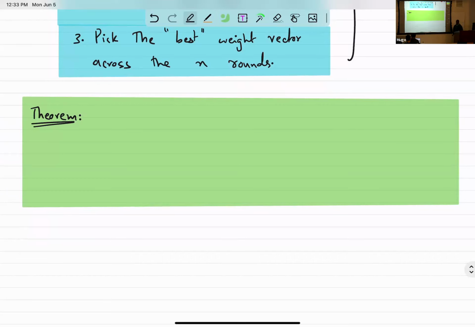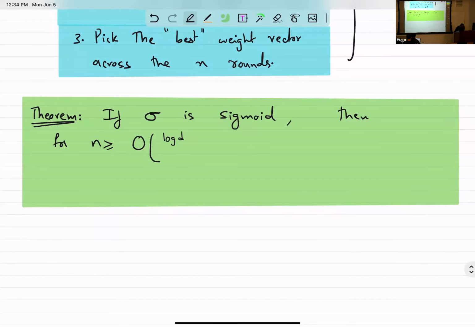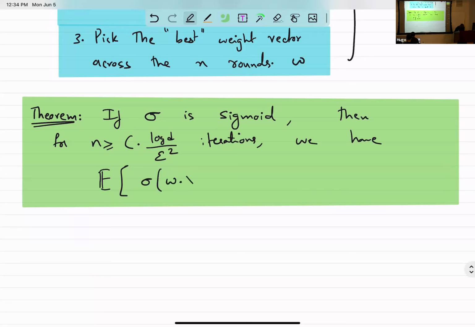And the theorem that we're going to show is, in the analysis, you don't actually need anything beyond, but if sigma is sigmoid, but let's work with the sigmoid, then for n greater than or equal to O of some c times log d by epsilon squared iterations, we have, let's call this best loss vector W, the loss is going to be pretty small.